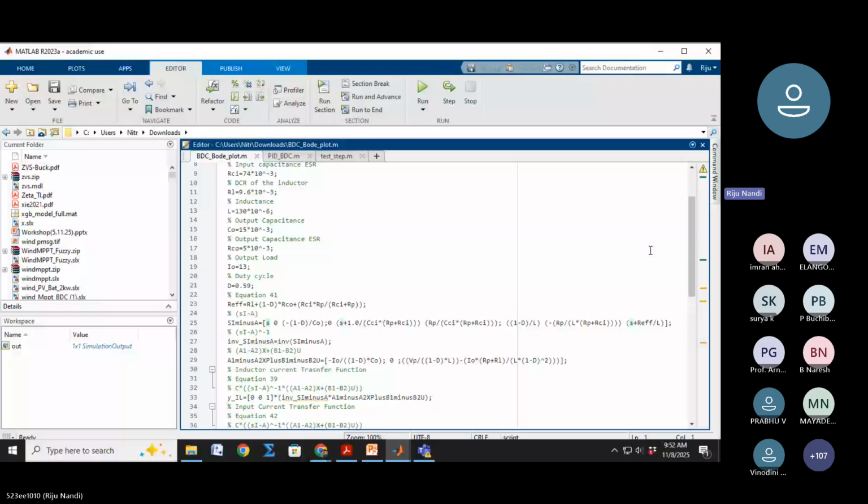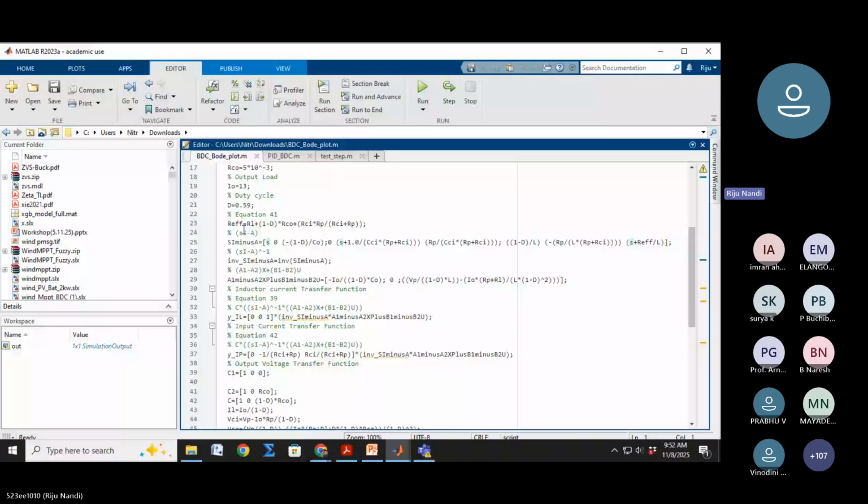That is the coding part: the reference as R1 plus 1 minus D into RC0 plus Rci into Rp, divided by Rci plus Rp. That is the design simulation part, A0. In the coding part I have done 1 minus D by C0, S plus 1 by Ci, Rp plus Rci. This is formula based, and I have designed all the coding.